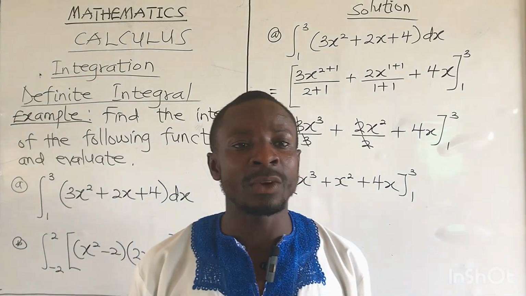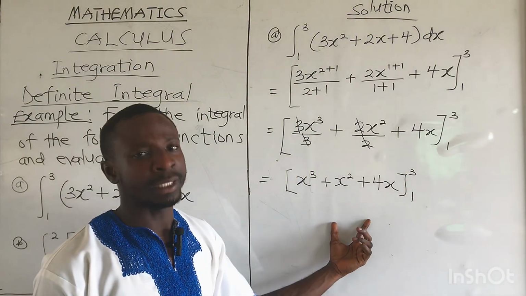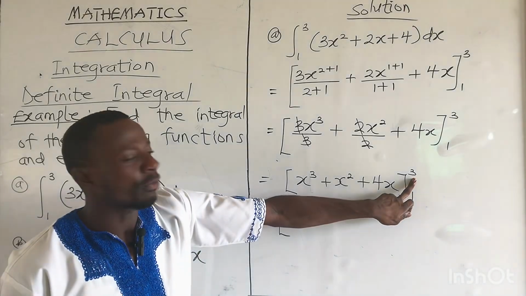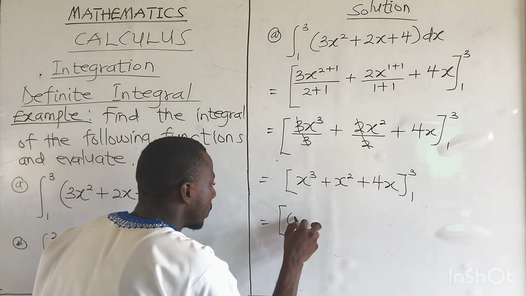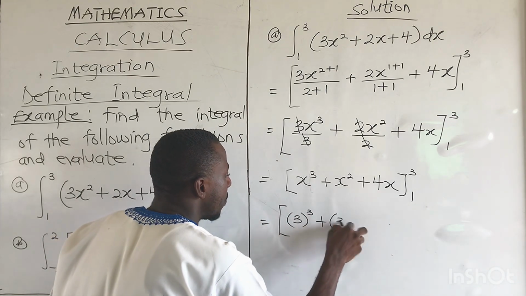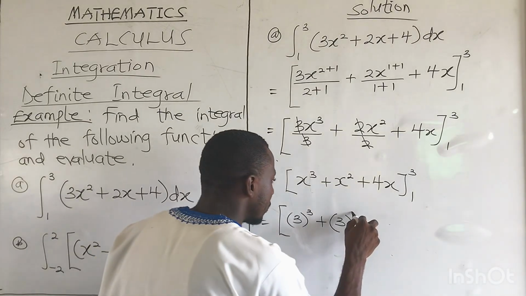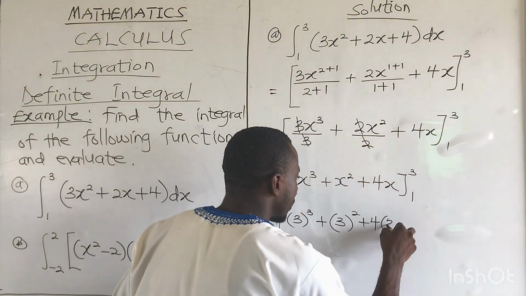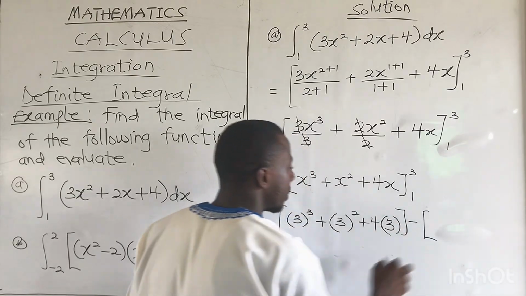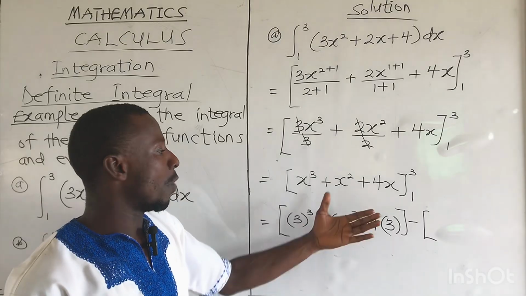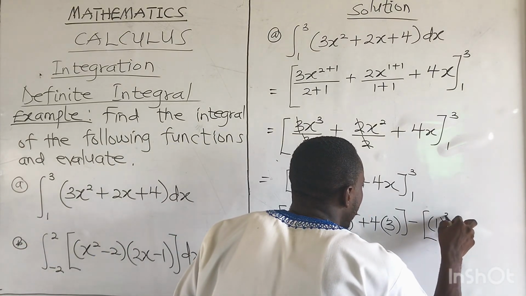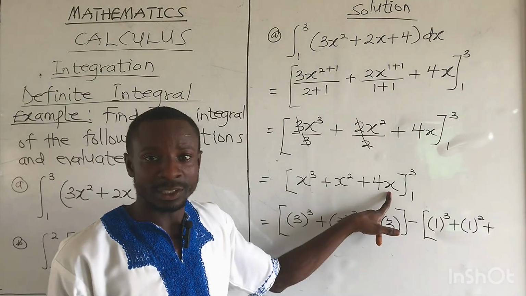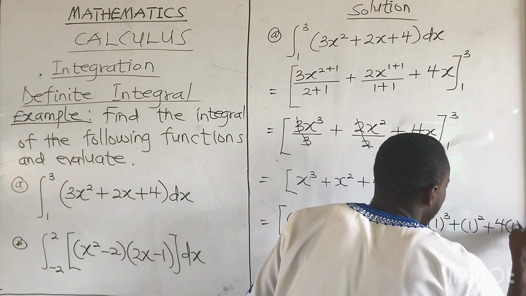Now, after we are done with the integration, we make the substitution of the limits. We first substitute the upper limit, which is 3: 3 cubed plus 3 squared plus 4 multiplying 3, minus, then we substitute the lower limit: 1 cubed plus 1 squared plus 4 multiplying 1.